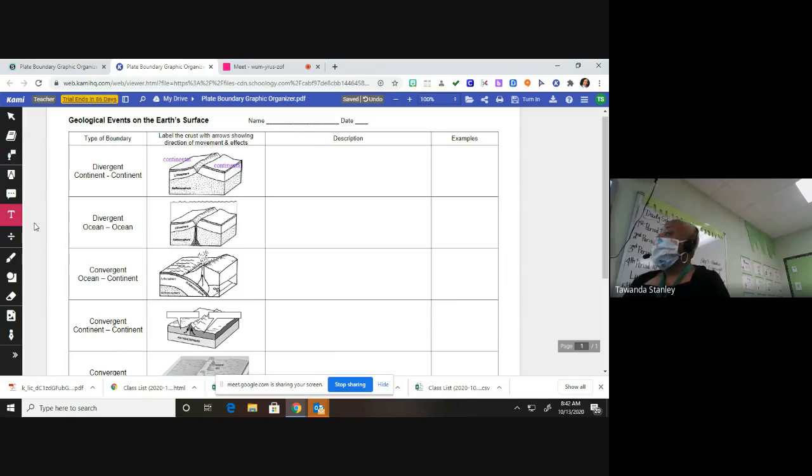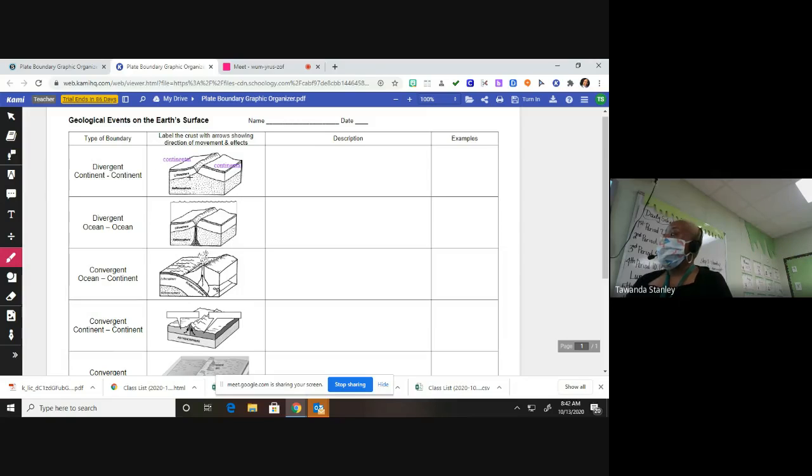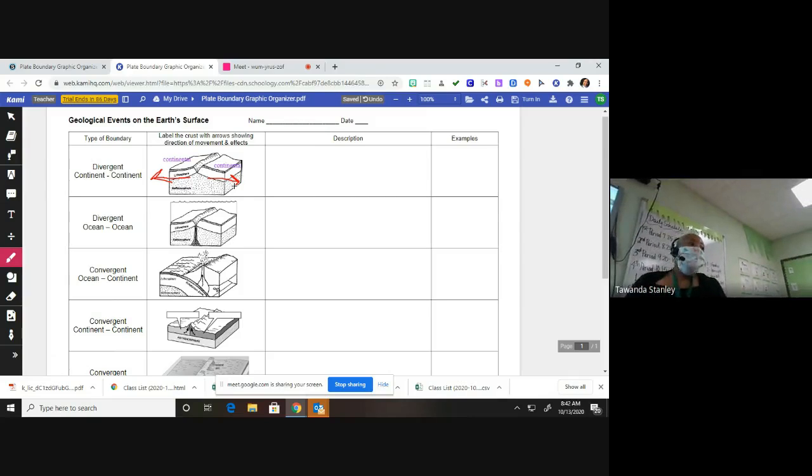Because it is a divergent boundary, Miss Stanley is not good at drawing, but we're going to make those arrows go in different directions. Remember, continental is land, so you have two pieces of land that are separating from each other.